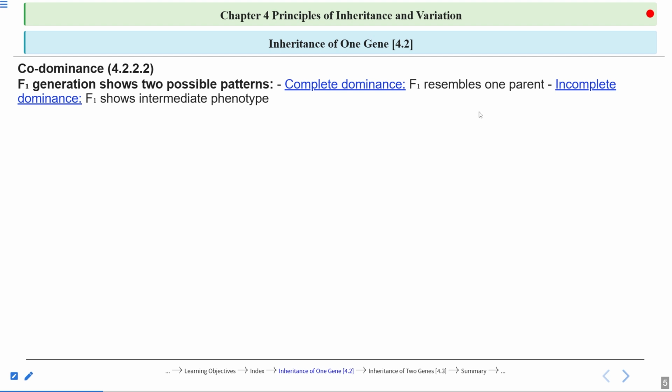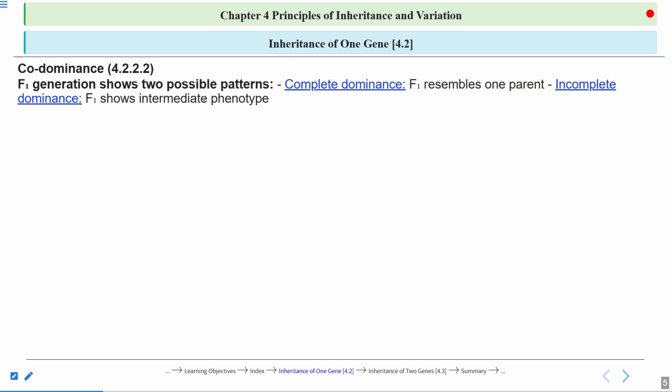In another case that we have studied, the F1 shows intermediate phenotype. This happens in the case of incomplete dominance. There is a blending of traits here, and because of the blending of traits, the F1 shows intermediate phenotype, and this intermediate phenotype is different from the phenotypes of the parents.